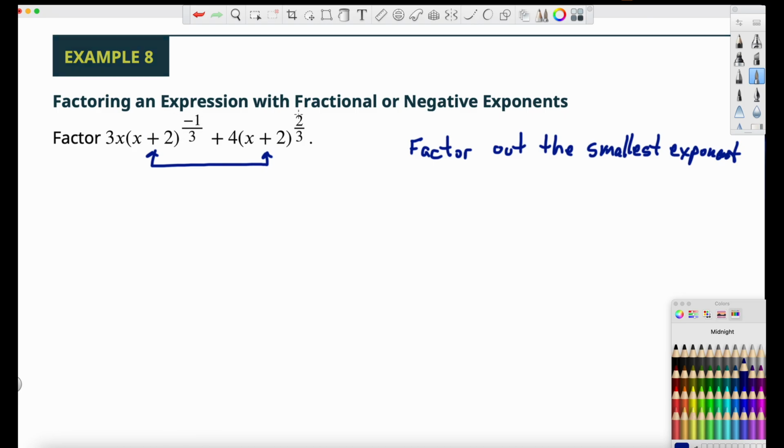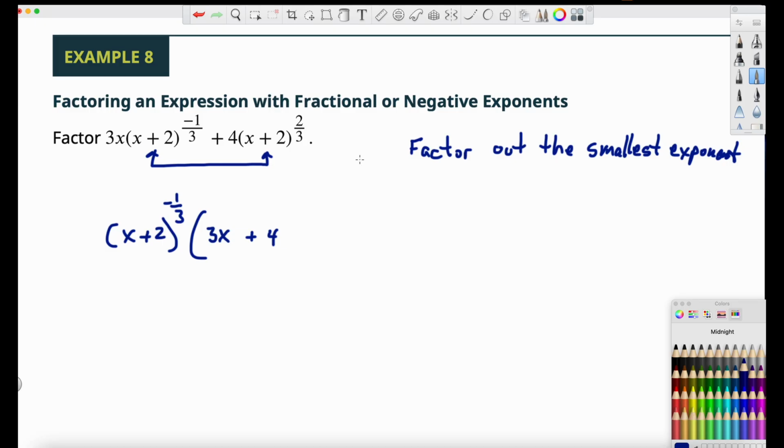Negative 1/3 is smaller than 2/3. So what we're going to do here is factor that out. So I'm going to write x plus 2 to the negative 1/3. Now if I factor that out of this first term, I will be left with 3x. Now I'm going to factor that out of the second term. So that would leave me with plus 4. 4 still stays.